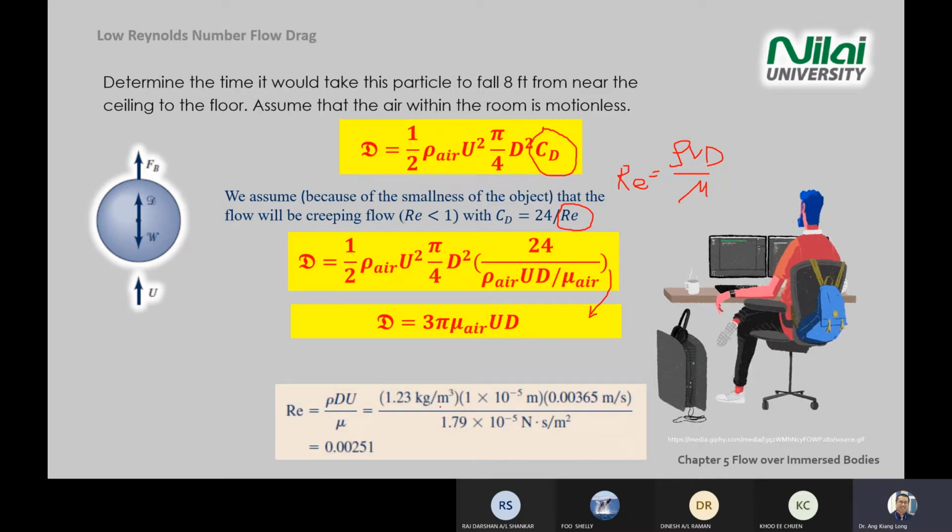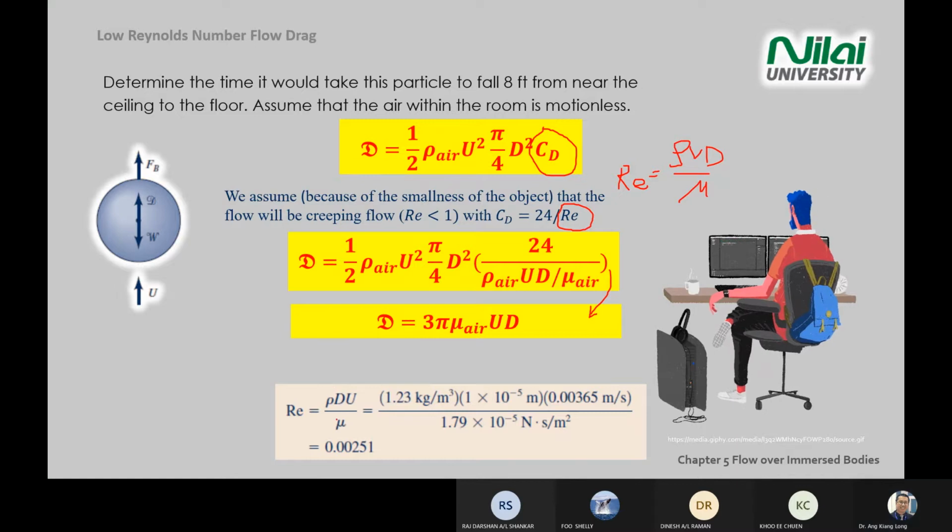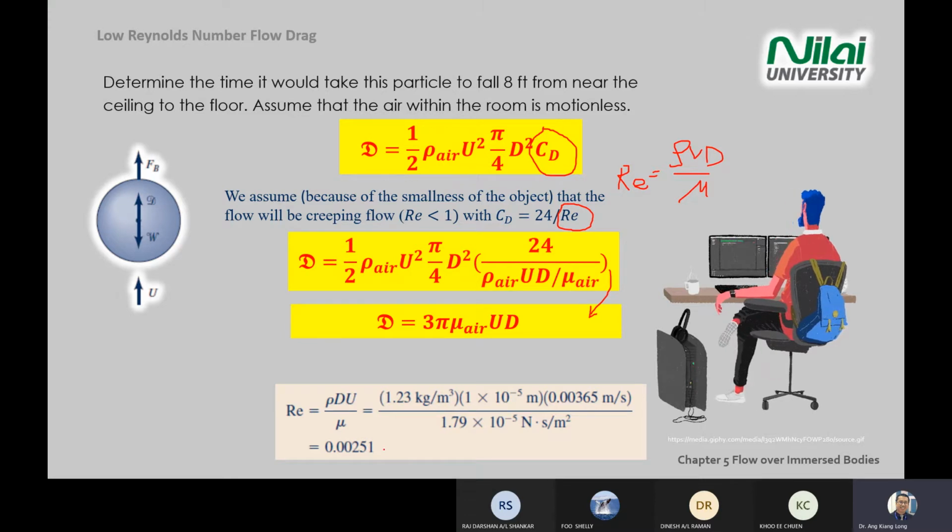Then substitute all the values from the question: rho 1.23, d 1 times 10 to the negative 5, velocity 0.00365 meter per second, divided by dynamic viscosity 1.79 times 10 to the negative 5, and you get this Reynolds number.